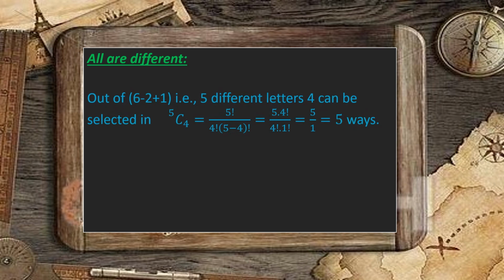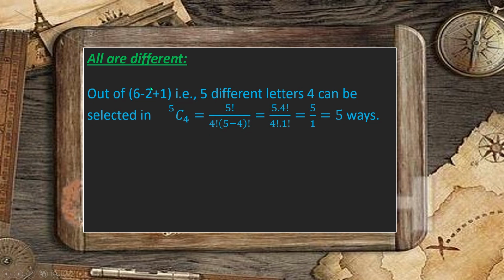When all are different, if 2 S is considered as 1, that means 6 minus 2 plus 1, so a total of 5 different letters. From here we have to take 4, which can be selected in 5C4 ways, that is equal to 5 factorial divided by 4 factorial into 5 minus 4 factorial. We know the relation. This is equal to 5 into 4 factorial divided by 4 factorial into 1 factorial. This is equal to 5 by 1, which is equal to 5 ways.